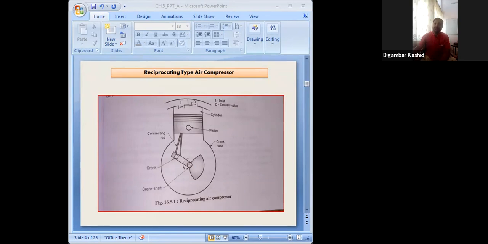During the remaining upward motion of the piston, the air delivered through this valve goes to the reservoir or receiver. That is the basic working principle of the reciprocating type air compressor.